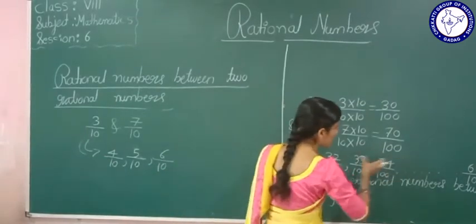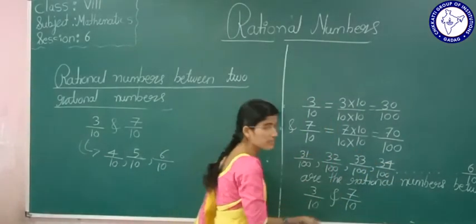Students, 39 rational numbers are there between 3 by 10 and 7 by 10.